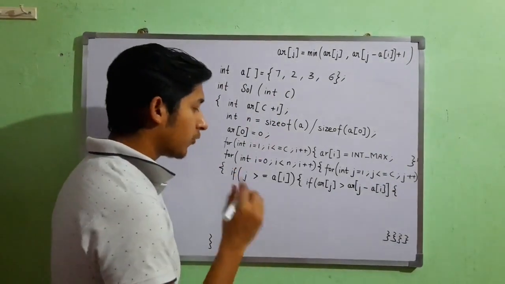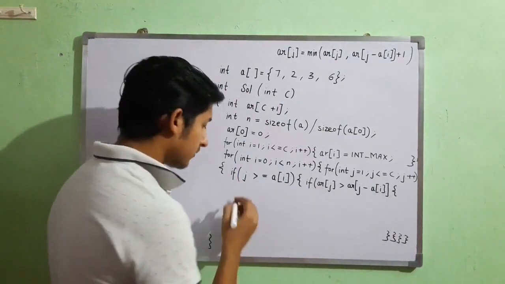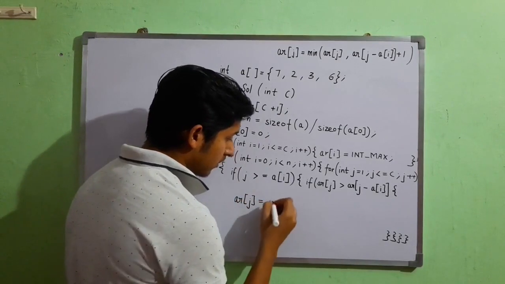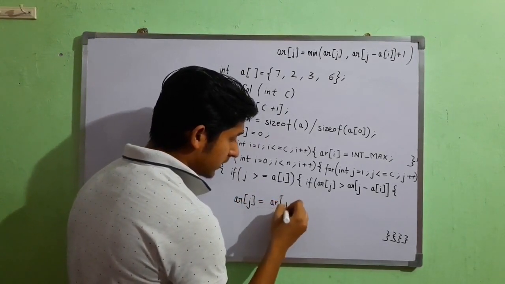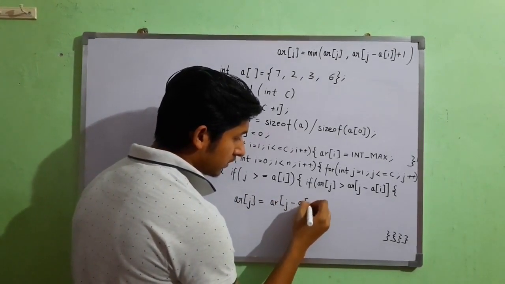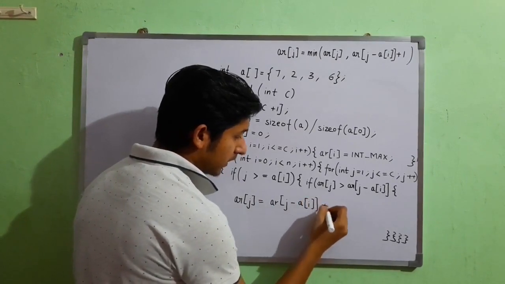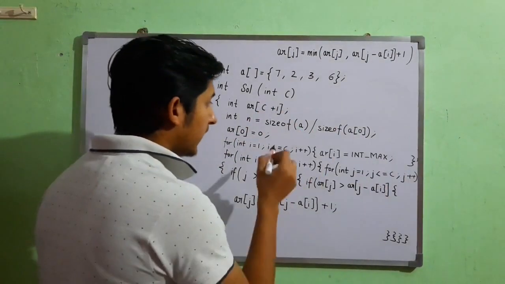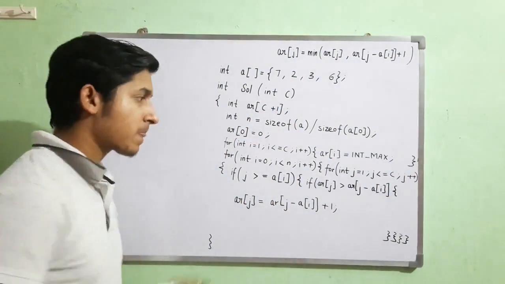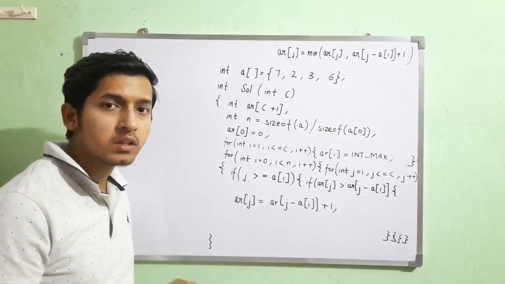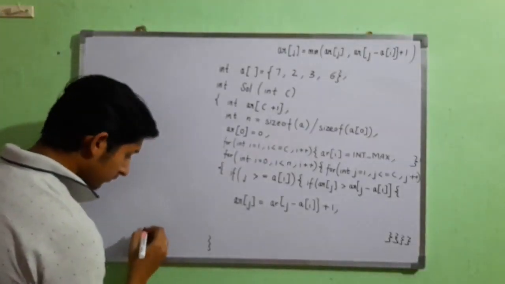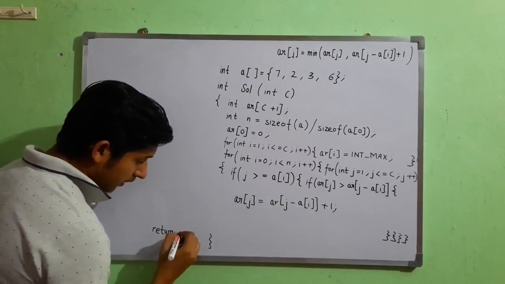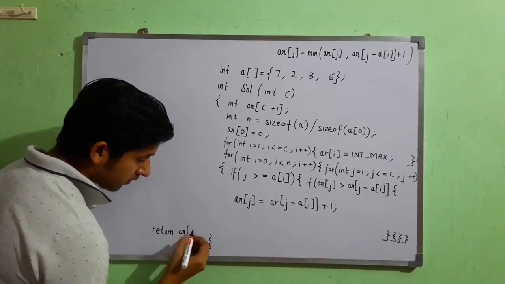So for storing better, this means minimum value, in ar j put ar j minus ai plus 1. This way the array ar will be updated, and ultimately we have to return the value at the last block. So return ar c.